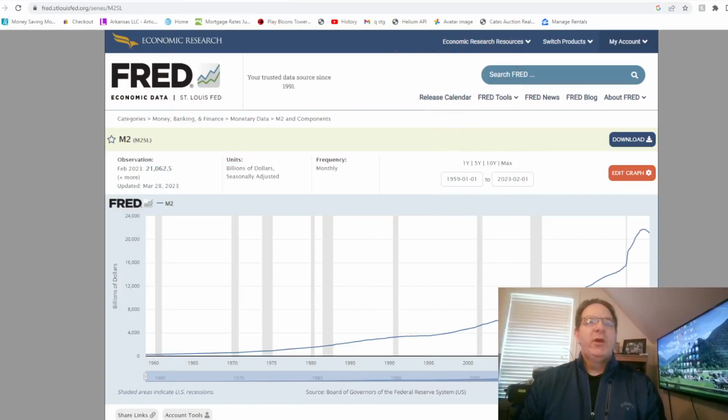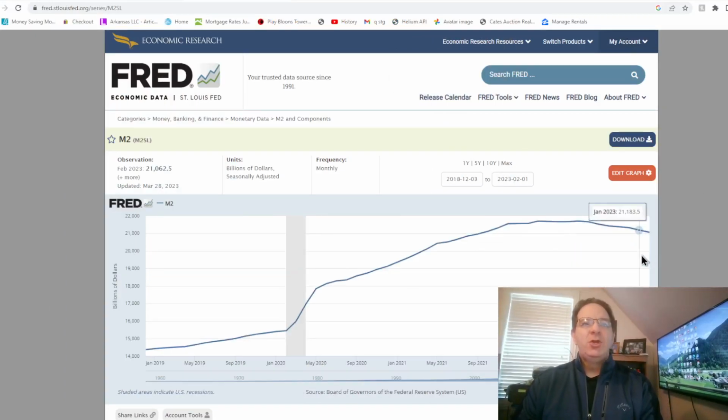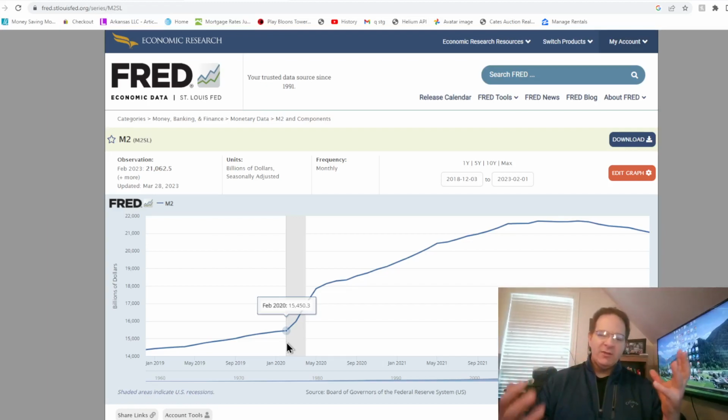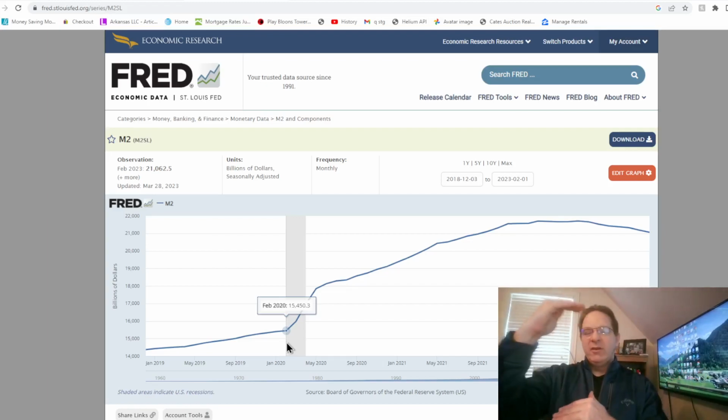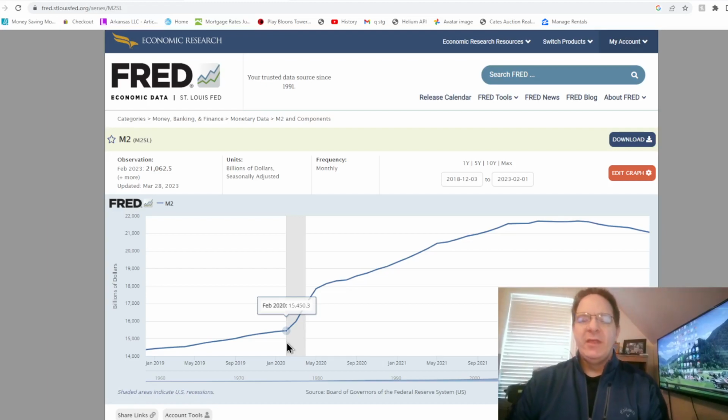So real quick, here is the money supply. It's called the M2 money supply in the US. As you can see, a dramatic increase in the money supply here, up to 21 trillion from 15, and this includes all deposits, all loans. This is basically the top level money supply that includes M0 and M1, which are like cash equivalents of those things.